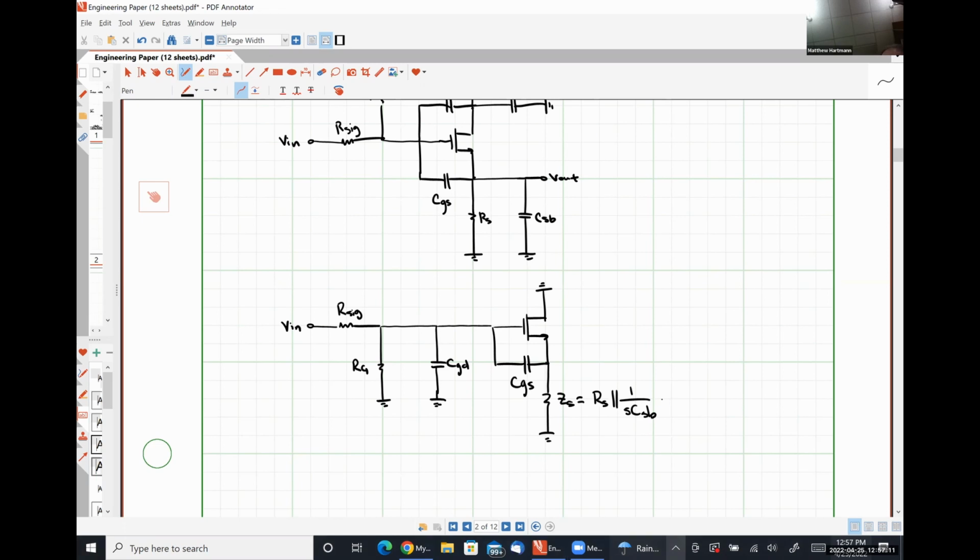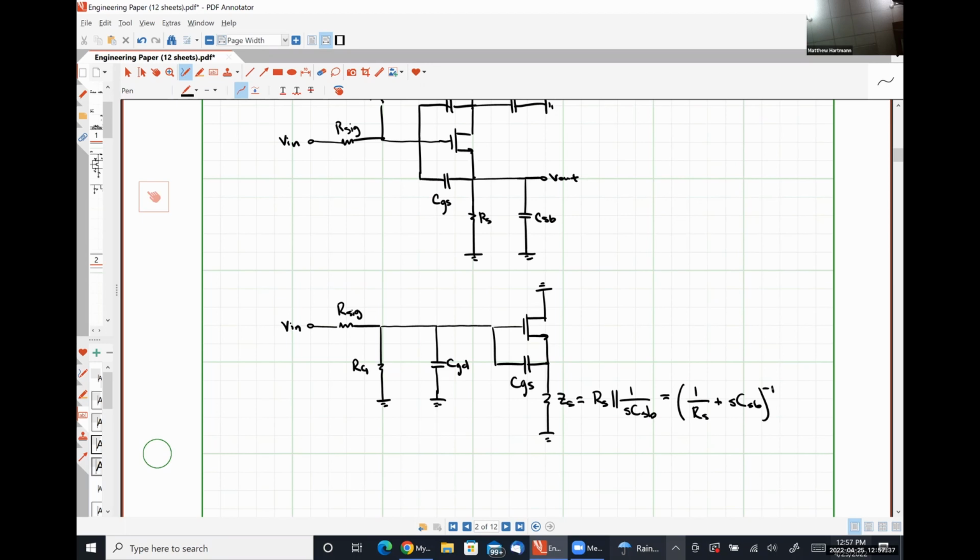Sorry, I'm going to rewrite this bit right here in a simplified form as well, because we're going to wind up using that in a little bit. So this is going to be 1 over (1/RS plus S CSB), all to the -1.